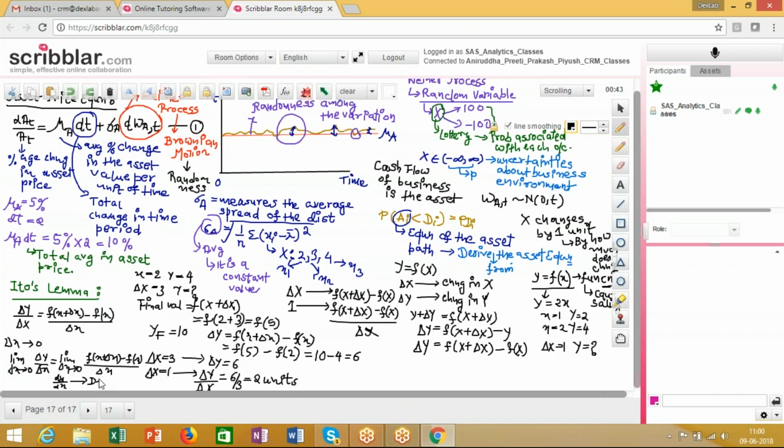A derivative of y with respect to x tracks the rate of change of y with respect to change of x, that is, the change in y for 1 unit change of x. So this is called the derivative of y with respect to x.